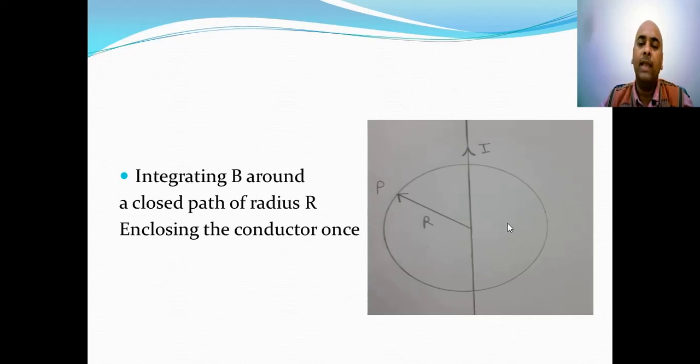So the xy plane is perpendicular to the z direction. So if current is flowing in the z direction, the magnetic field produced is along the xy plane. That is, the produced magnetic field has either a B x component or a B y component. However, the B z component is always equal to 0.